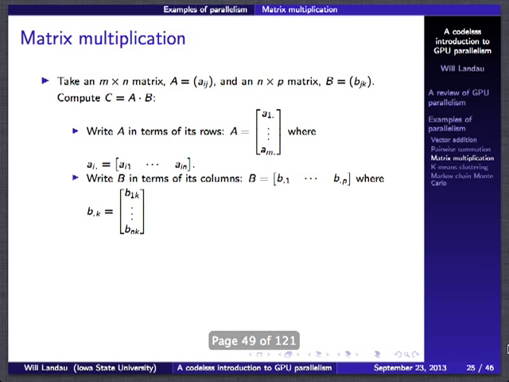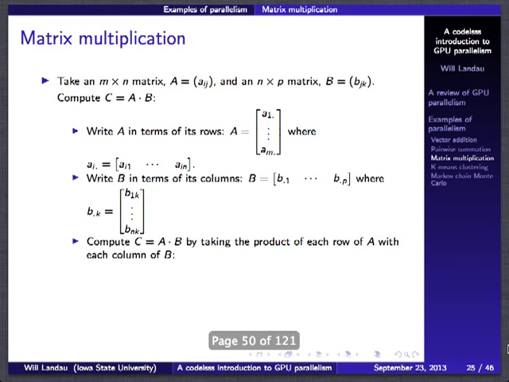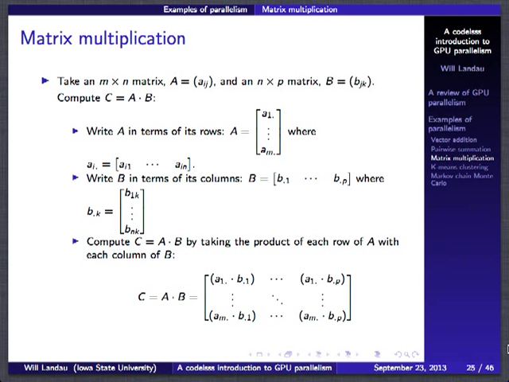I'm going to do a similar thing for B, but only in terms of columns, where each one of these things is a column, and each column looks like that. And this is a special case of block notation for matrices. You all remember block notation from linear algebra? I'm just doing the same thing. And I do this because it's really convenient to write out.